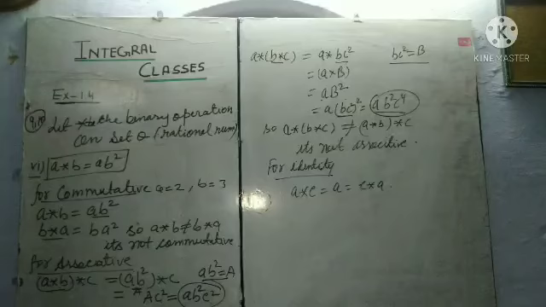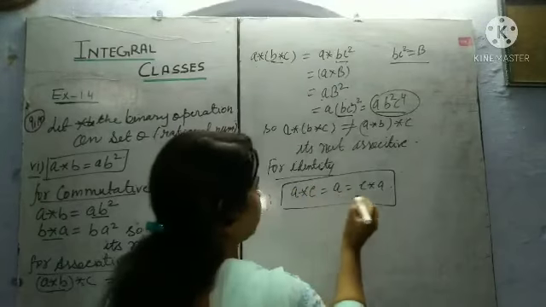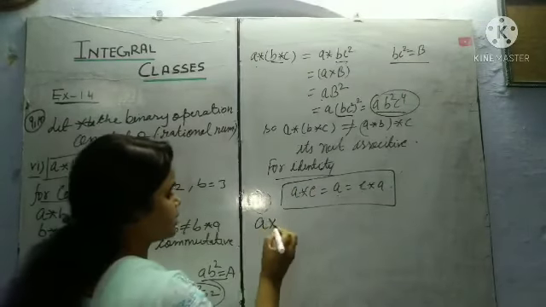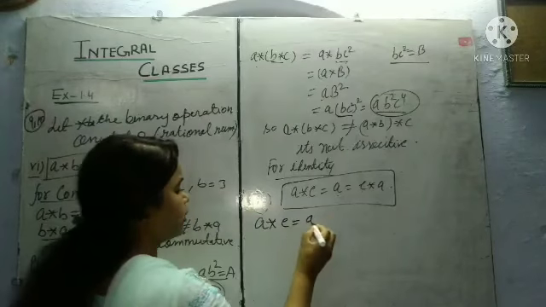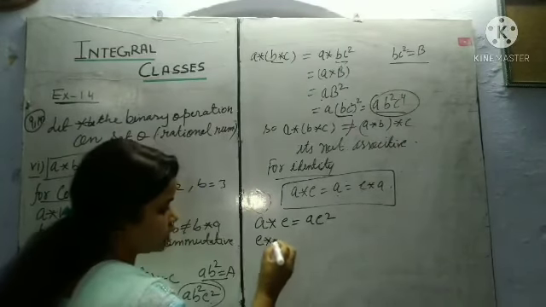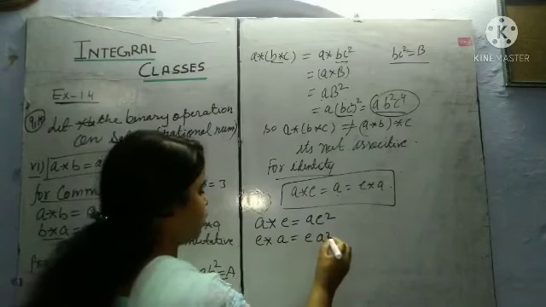Now for the identity element, we know that we should get A star E equal to A and E star A equal to A. First we will apply A star E, so it would be A E squared. Now for E star A, it would be E A squared.